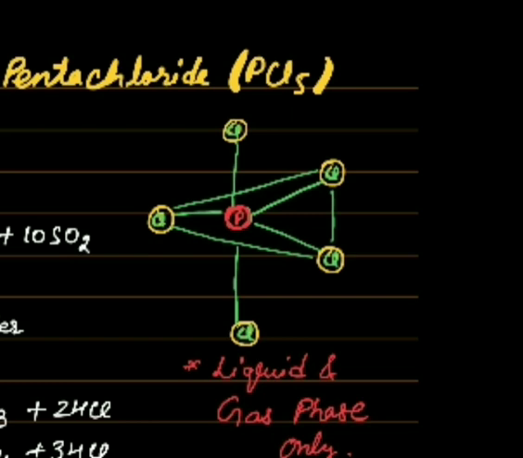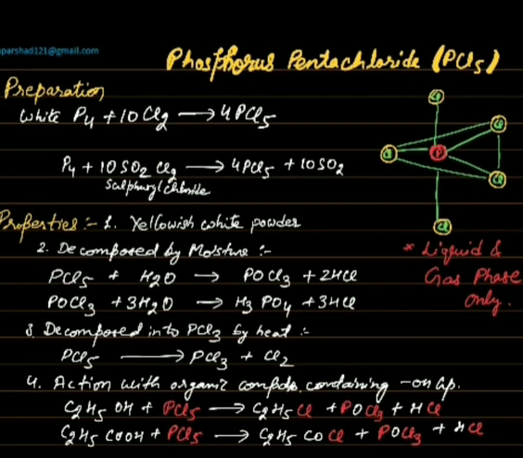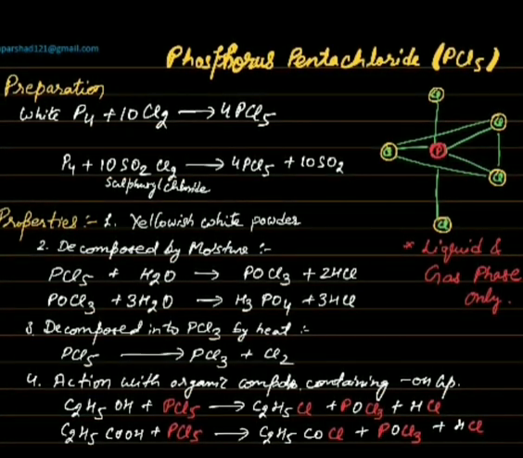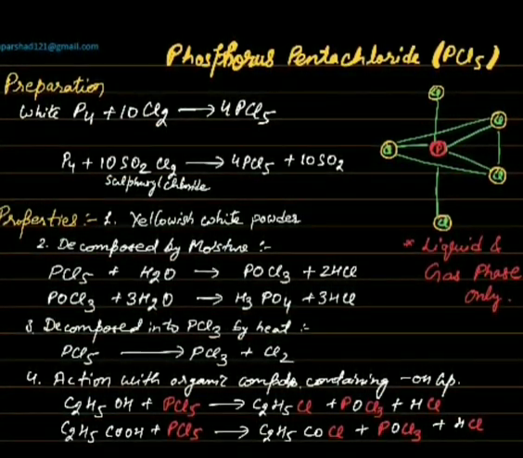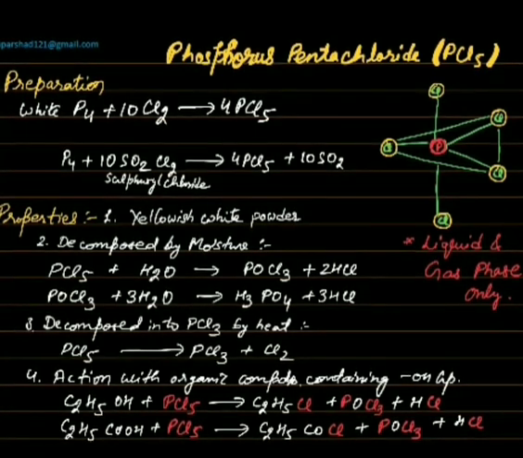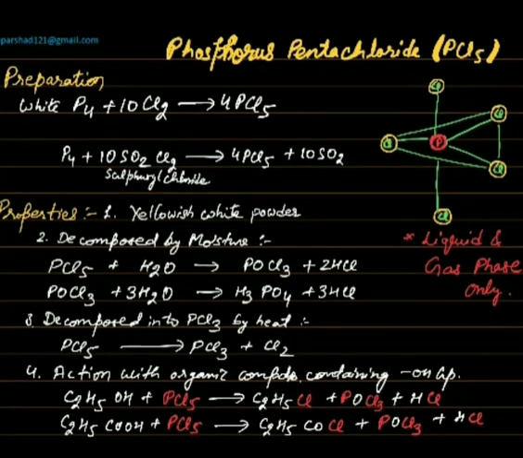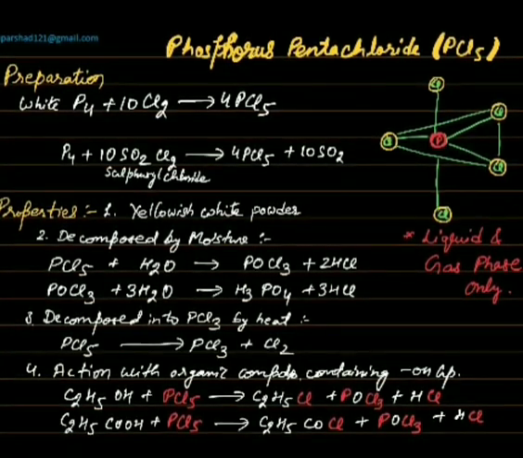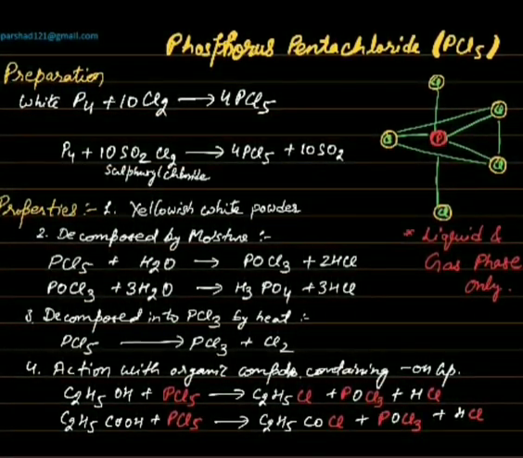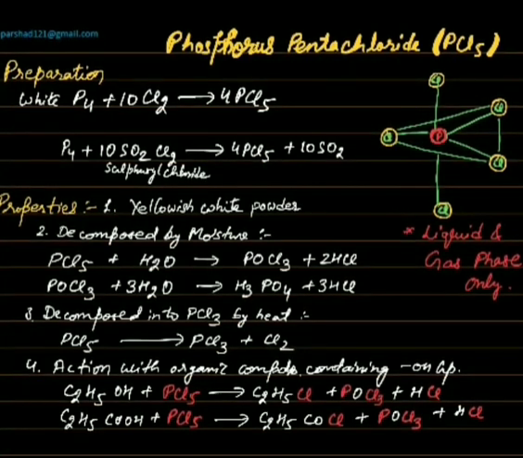This is because the two axial bonds are repelled with greater force by the three equatorial bond pairs. Now, the properties of phosphorus pentachloride. It is a yellowish white powder which is easily decomposed by moisture into phosphorus oxychloride and hydrochloric acid.